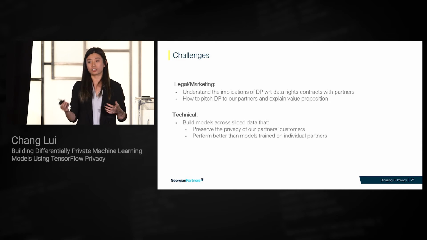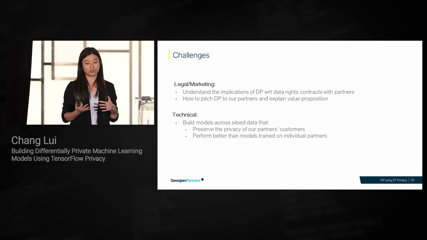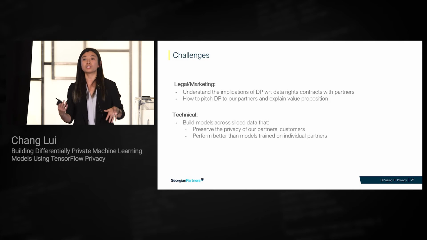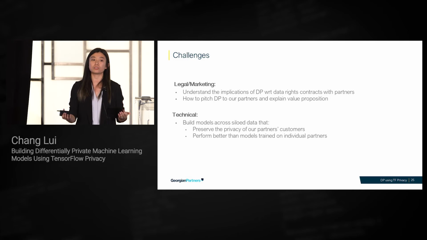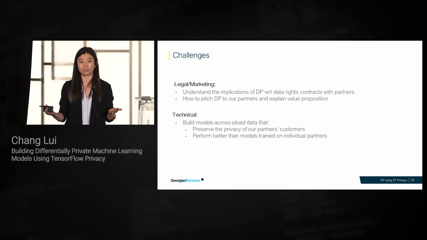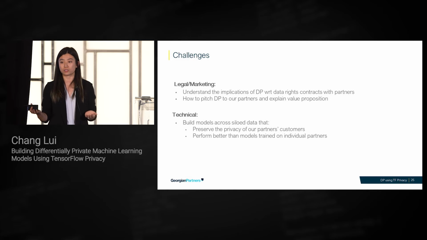And in terms of the technical challenges, one thing that I didn't really mention is that when we inject noise into machine learning models, because we're adding a lot of randomness, the performance of your models will decrease. And so we really need to think about the balance between the performance of the models and the privacy that you want to achieve in these models.